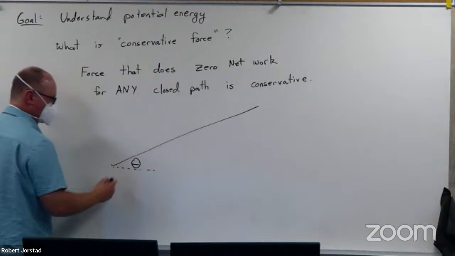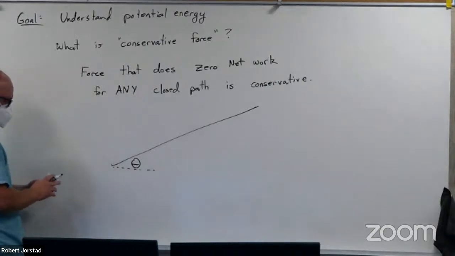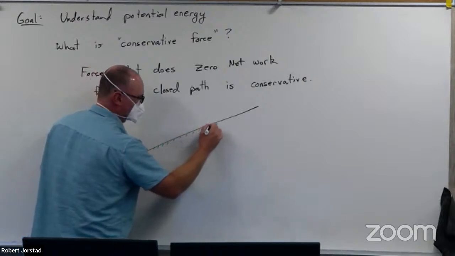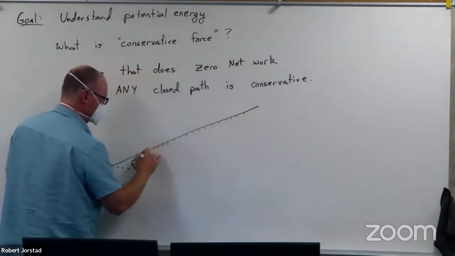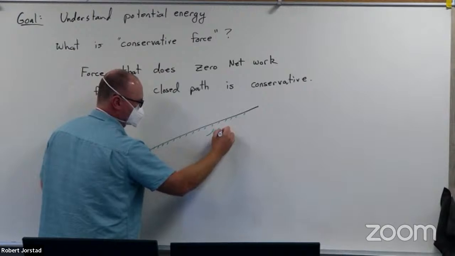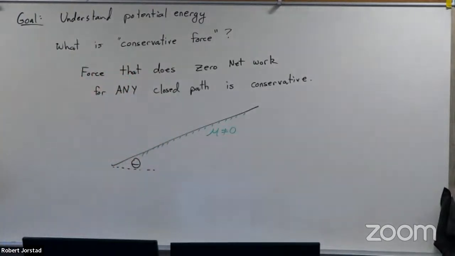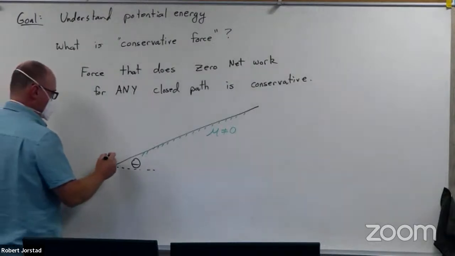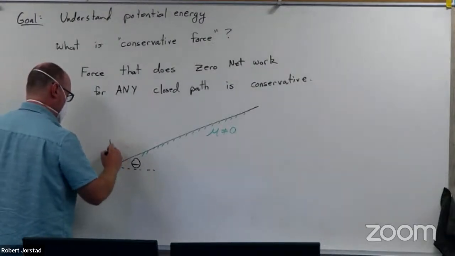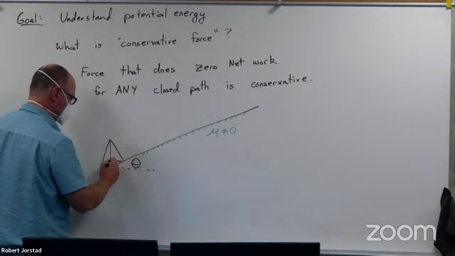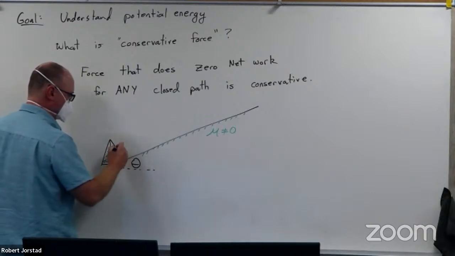Imagine we have some kind of incline, and let's say there's some friction. So we'll say mu is not 0, meaning there is friction. And let's say I have some kind of a stopper down here. And attached to this stopper, let's say, is a spring.